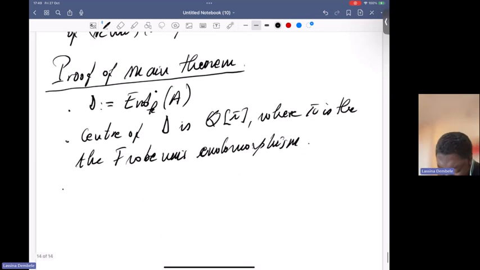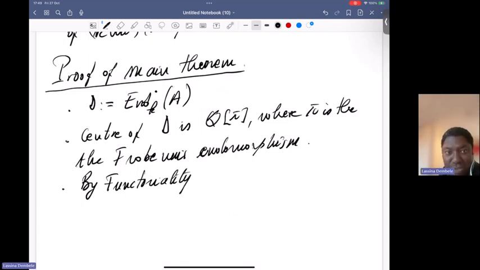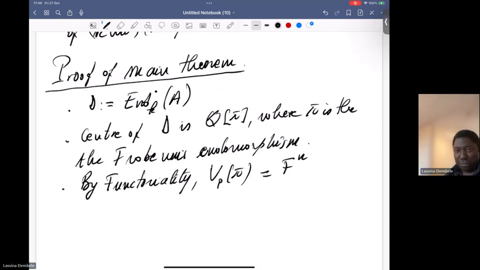And what we know is that by functoriality, the way the Frobenius endomorphism acts on the Tate module would be the same as the nth power of F. Right?